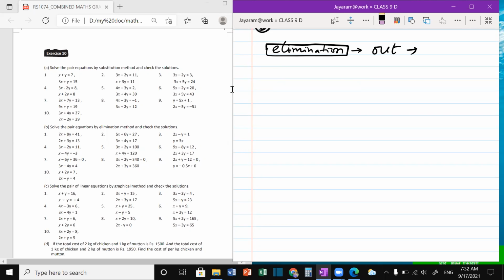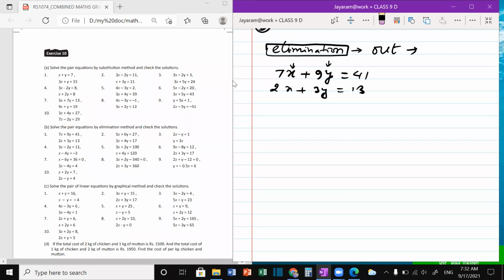Okay, here the meaning of elimination in mathematics, let's do like this: 7x plus 9y equals 41. Next is 2x plus 3y equals 13. Now, how many variables are here? One is x, another is y.